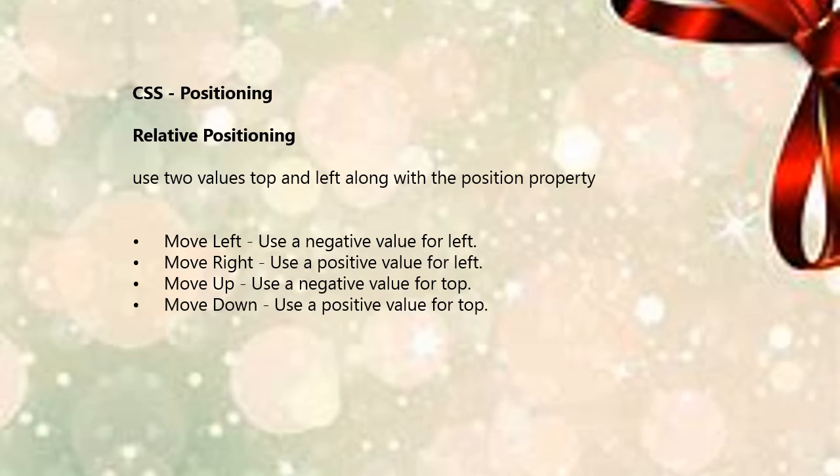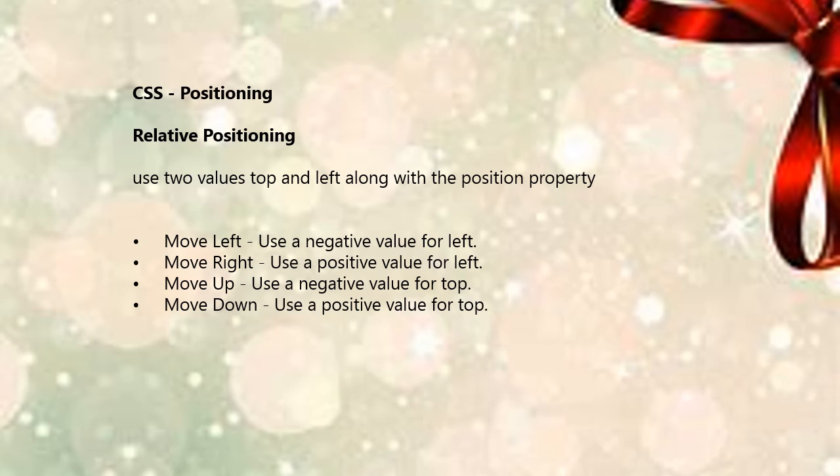The first one is relative positioning. Relative positioning changes the position of the HTML element relative to where it normally appears. So left colon 20, for example, adds 20 pixels to the element's left position.